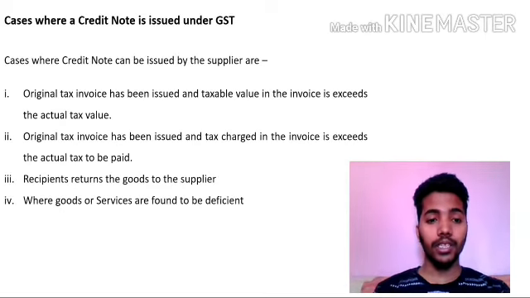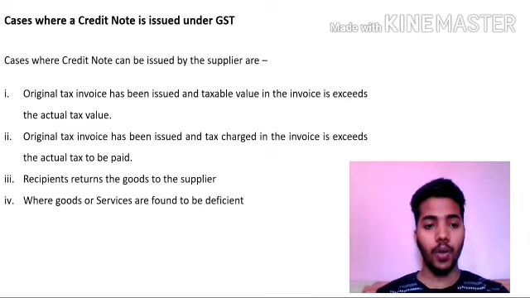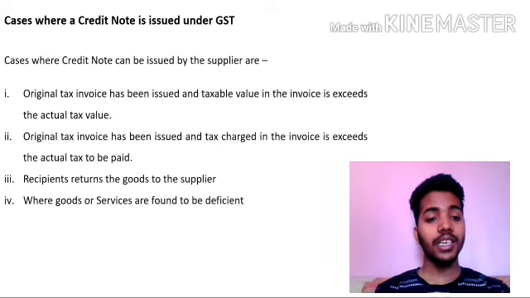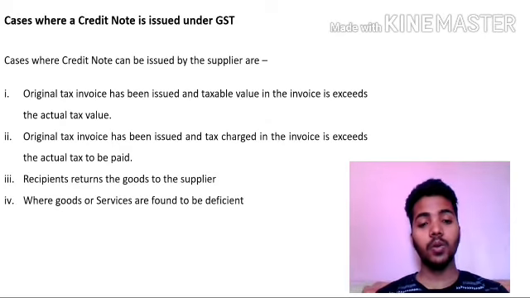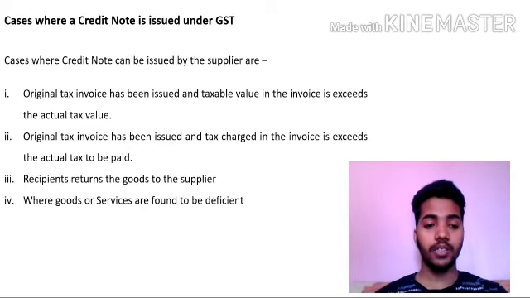So the first one is, the original tax invoice has been issued and the taxable value in the invoice exceeds the actual taxable value, as we defined earlier in the definition. The second one is, the original tax invoice has been issued and the tax charged in the invoice exceeds the actual tax to be paid. The third one is, the recipient returns the goods to the supplier. If the recipient returns the goods to the supplier, then the supplier may issue a credit note to the recipient.